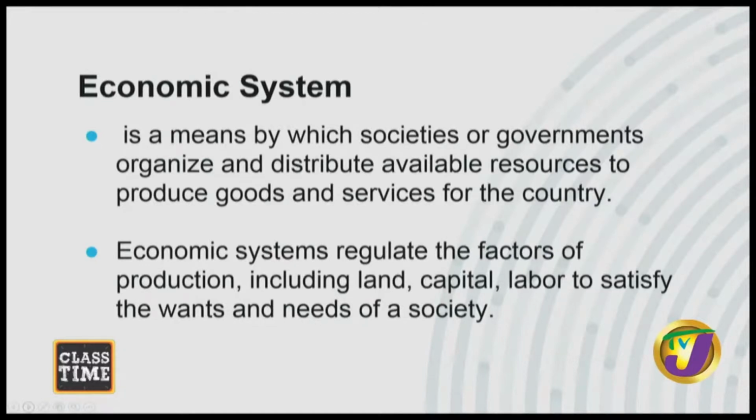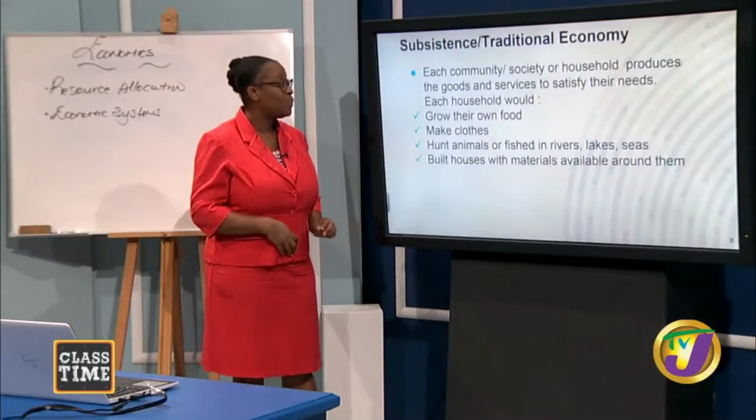So they are looking at their land, they are looking at their labor and capital, and how they are going to allocate these resources to produce the goods and services for the country. So the term economic system is really looking at how we are going to regulate the factors of production, land, labor, and capital, to satisfy the wants and needs of a society.